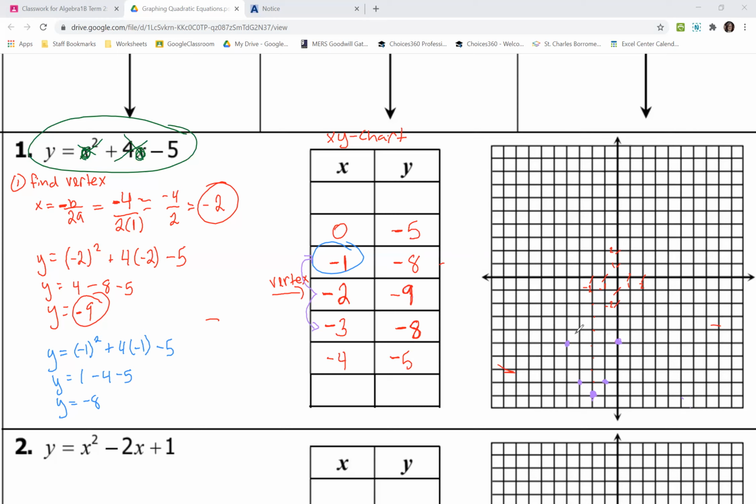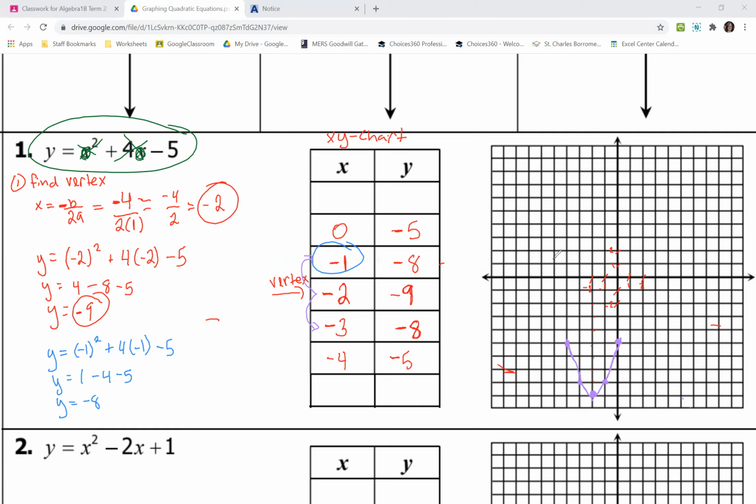Okay, so I want to keep finding a couple more points because of the way my parabola looks right now, and I'm just going to connect these dots. It actually goes on forever, but I haven't reached the x-axis quite yet. Okay, I want to make sure that I reach that x-axis because, like I said, it's of a lot of interest to me.